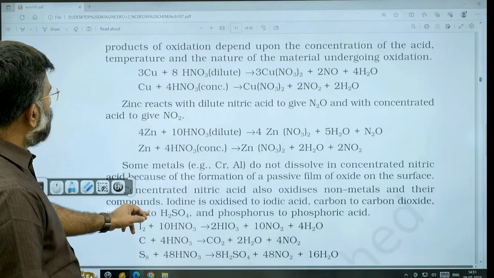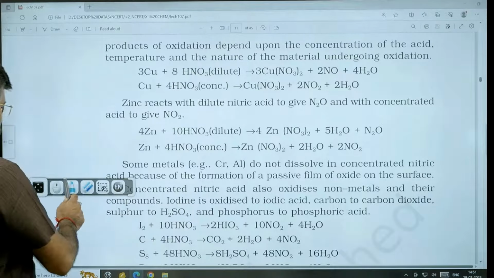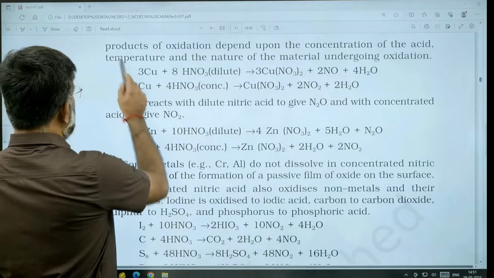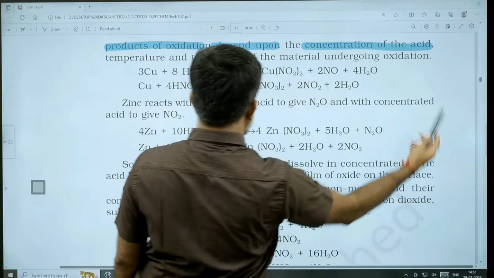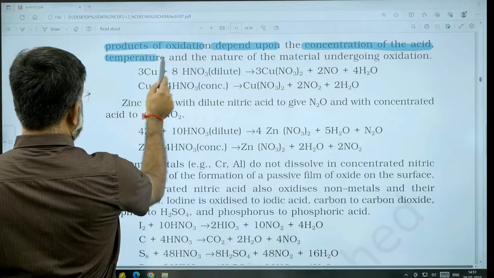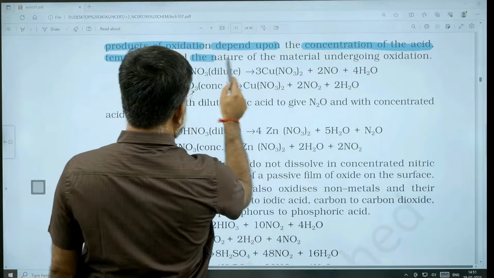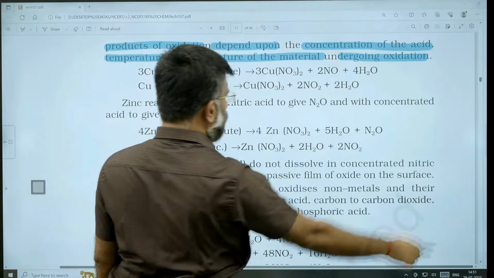The products of oxidation, that's a very important point, depend upon the concentration of the acid, temperature, and nature of the material undergoing oxidation.